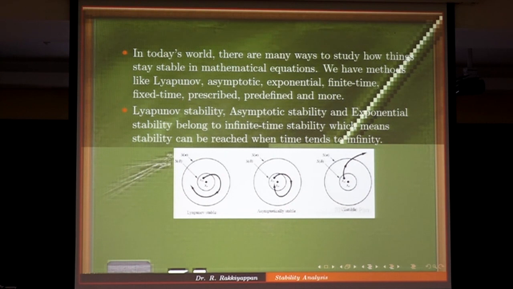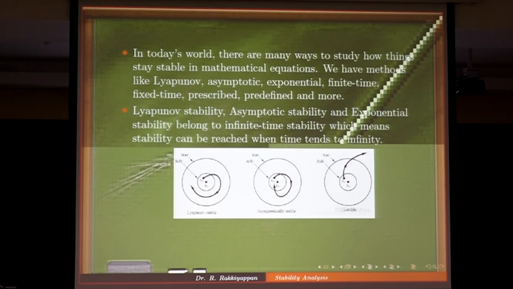Here we can see the physical interpretation of a stability issue. In today's world, there are many ways to study how things stay stable in mathematical equations. We have methods like Lyapunov stability, asymptotic stability, exponential stability.